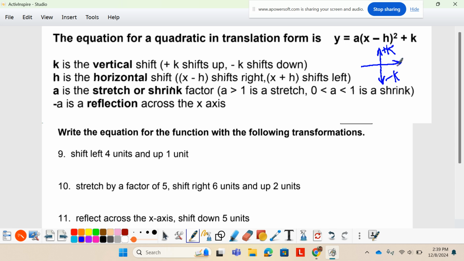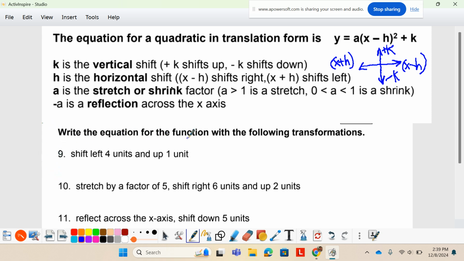And going from left to right, x minus h is going to move it to the right, and x plus h is going to move it to the left.